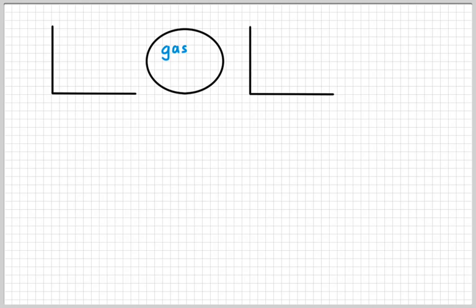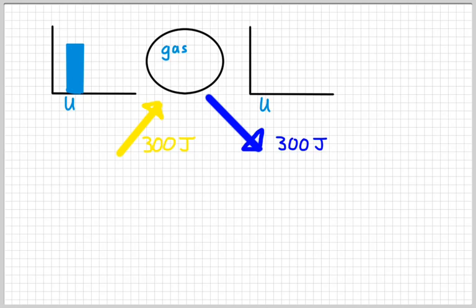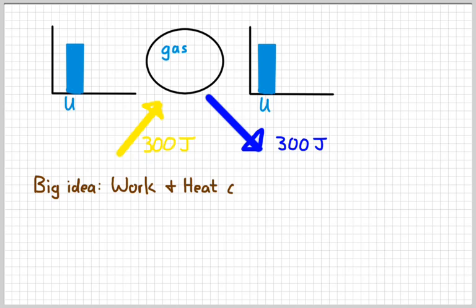So, just to kind of get an idea of what the bigger picture looks like, let's draw a quick LOL chart for our gas. So there's the internal energy of the gas beforehand. We had 300 joules of heat added to the system. 300 joules of work was done on the surroundings. So the energy of the gas didn't change.